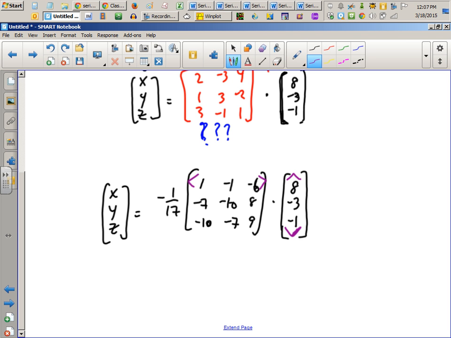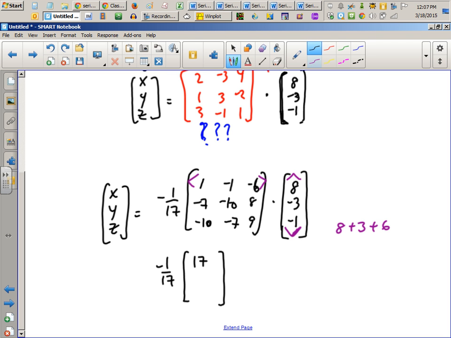So it's like a dot product. And that dot product, you multiply the first elements, the second elements, and the third elements, and add them all up. Right? 8 and 3 and 6, those get added together. 8 and 3 and 6, obviously that's 17.